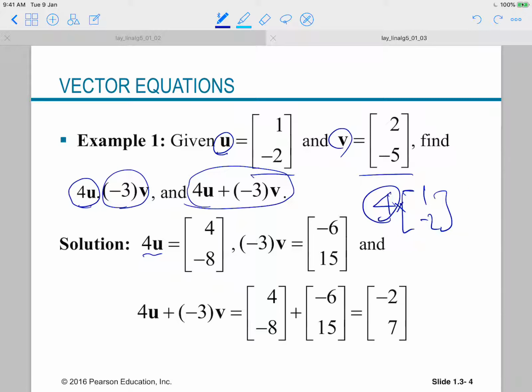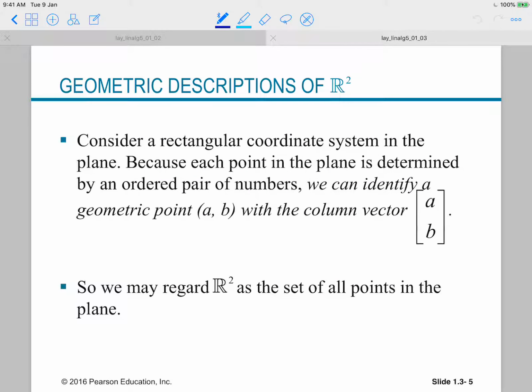It is just an element-wise multiplication by that same scalar value. It's quite easy, right? And so this is the vector. Then we can obtain this vector as well. And what about their sum? Yep, we just perform element-wise addition, or summation.